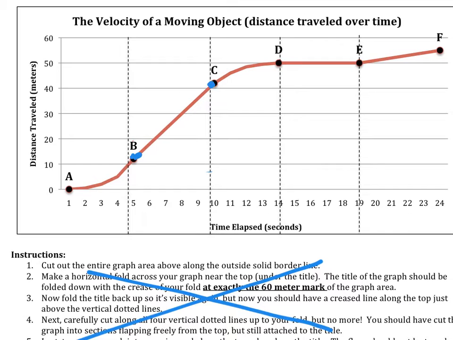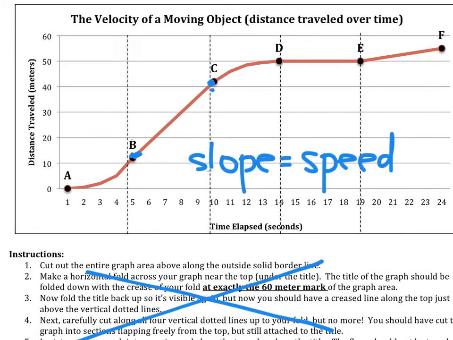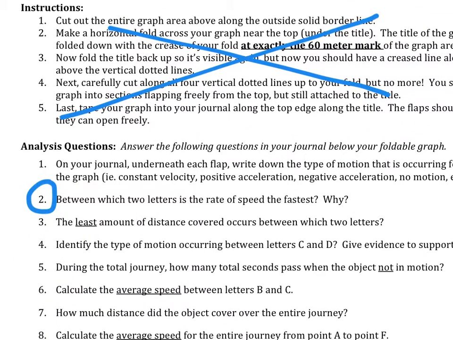Because the slope is the steepest, and remember we said that the slope is equal to speed, we can tell just by looking at it that the speed is the greatest between B and C. So for number 2, speed is greatest between B and C because the slope is the steepest or the greatest.